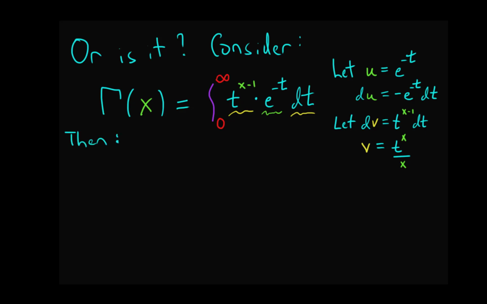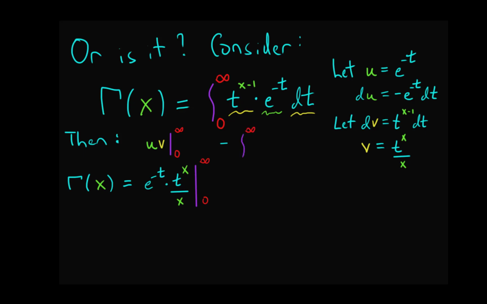So now when we do this integration by parts, we have that gamma of x equals u times v, evaluated at the boundaries at infinity and 0. So this will equal u, e to the negative t, times v, t to the x over x, again evaluated at the boundaries infinity and 0.